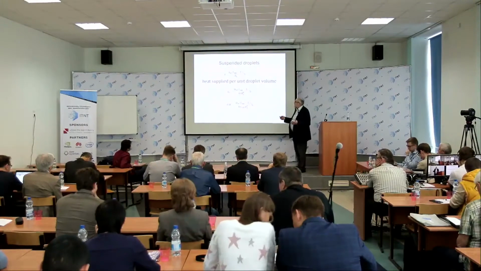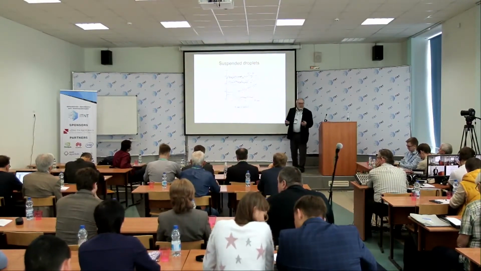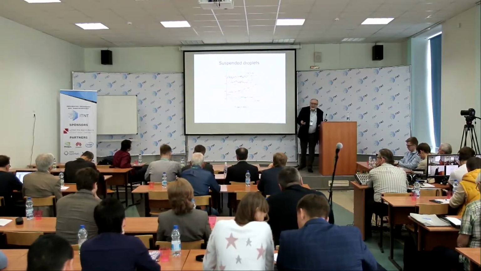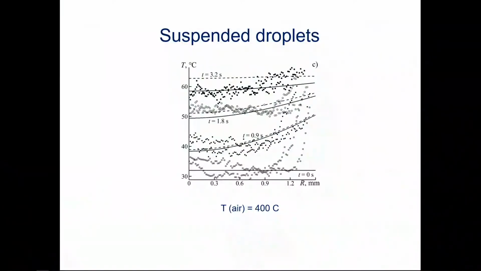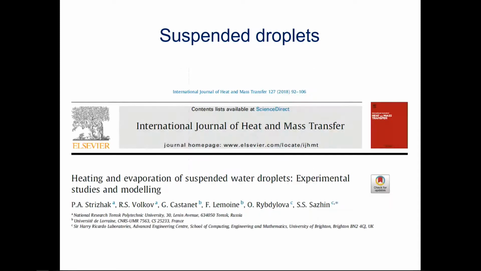And then once we have done this, we can get the plots of temperature versus distance from the center of the droplet, and we have reasonable agreement with experimental data. These results were published in our joint paper with colleagues from Tomsk University, and it was published last year.